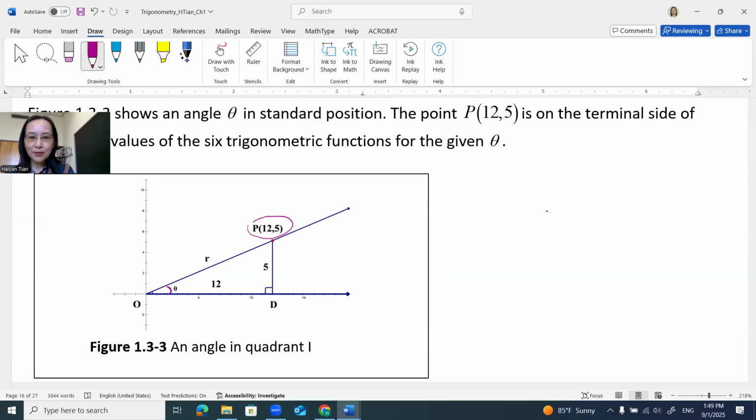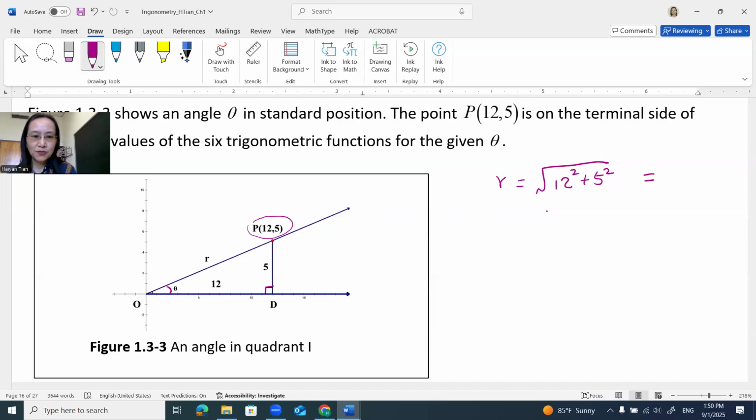But we need r, the hypotenuse. So let's calculate r first, using the formula. For this right triangle, r is simply the hypotenuse.